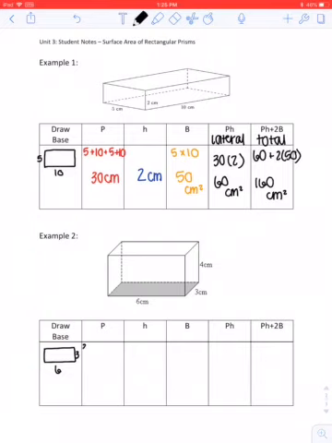So the perimeter would be 3 plus 6 plus 3 plus 6, giving me 18. The height between the two bases would be 4 centimeters. The area of the base would be 3 times 6, or 18 centimeters squared.